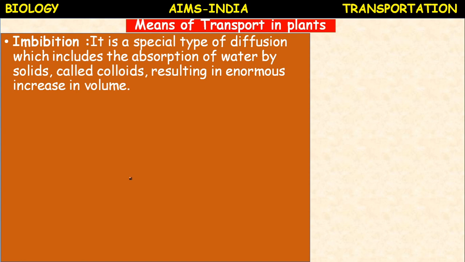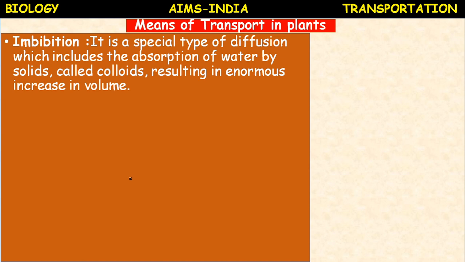Imbibition is a special type of diffusion which includes the absorption of water by solids called colloids, resulting in an enormous increase in volume. Imbibition is a phenomenon of adsorption of water or any other liquid by the solid particles of a substance without forming a solution.